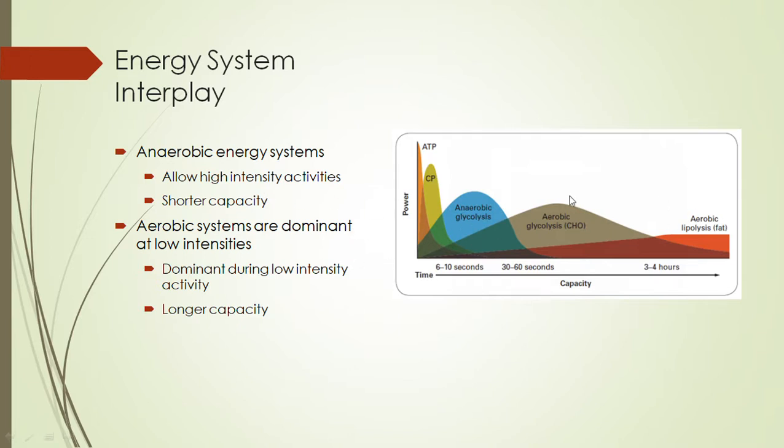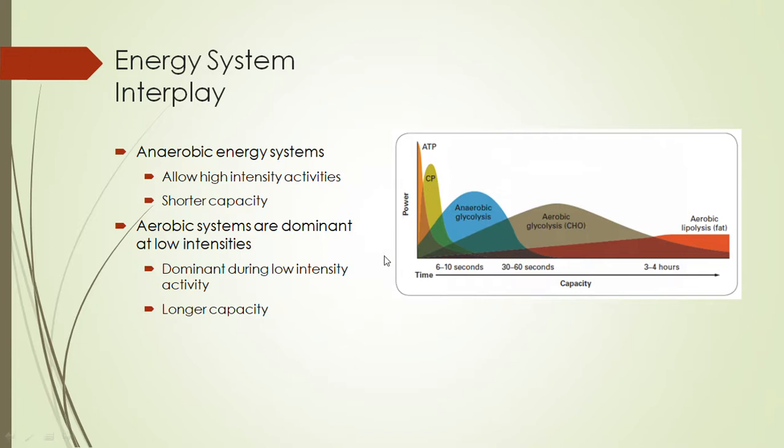And then we have these other systems here that are our aerobic systems, and you can see that after about 30 to 60 seconds, these aerobic systems become dominant, all the way to multiple hours. So these have really big capacity, but as we can see, our intensity is a lot lower than our anaerobic systems.